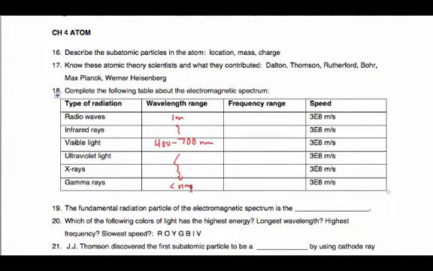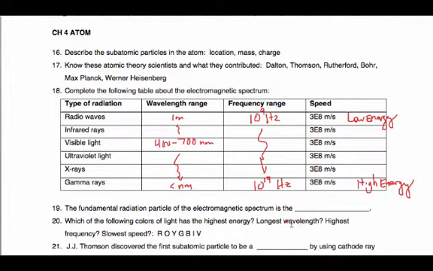Frequency-wise, these are really high, like 10 to the 19th hertz, and radio waves are very low, so it might be 10 to the 9 hertz, something like that. So this is high energy, and this is low energy. And remember, they all travel at the same speed.